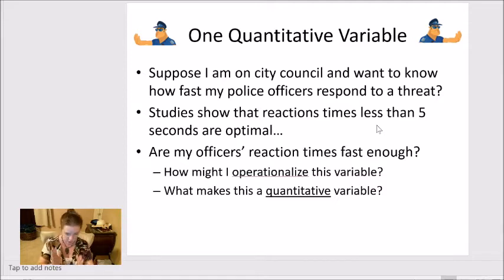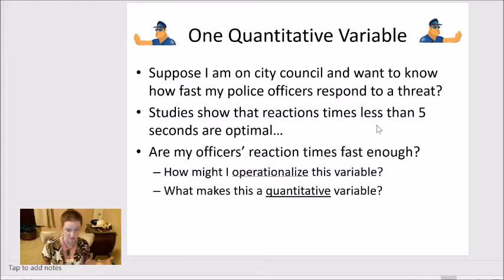There's actually an optimal range. It needs to be less than 5 seconds, but let's say greater than 2 seconds, because less than 2 seconds is too fast. So no more than 5 seconds, but no less than 2 seconds. I'm trying to figure out the optimal range. So are my officers' reaction times optimal or fast enough?